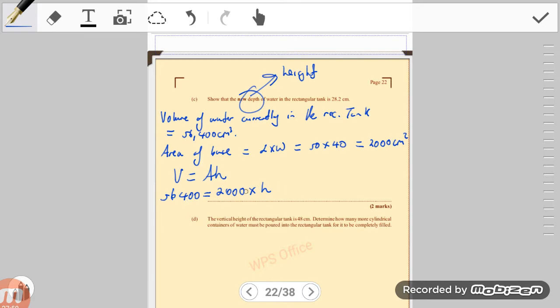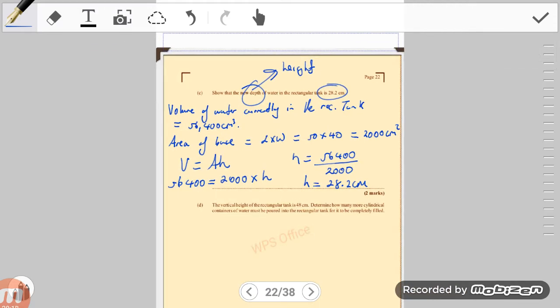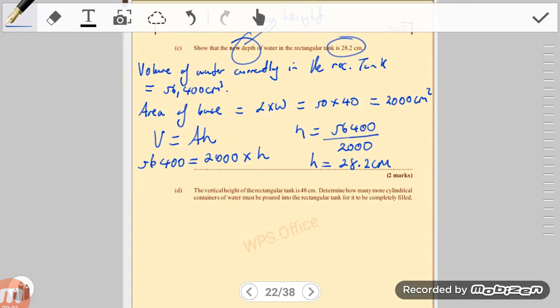So if I divide both sides by 2000, then I'm going to get that the height is equal to 56,400 divided by 2000. And that's going to give me an answer of exactly 28.2 centimeter. And that was actually shown. That's what was required. Alright, so that is how we go about solving that question, guys. So hopefully we're clear on that.